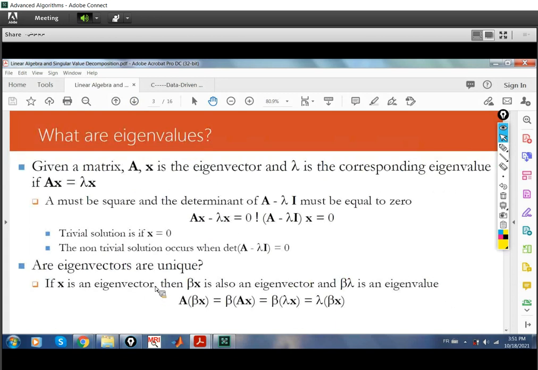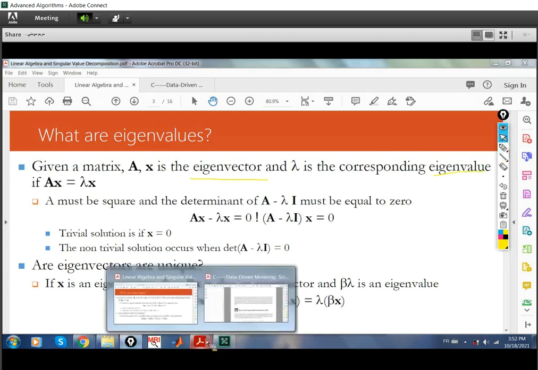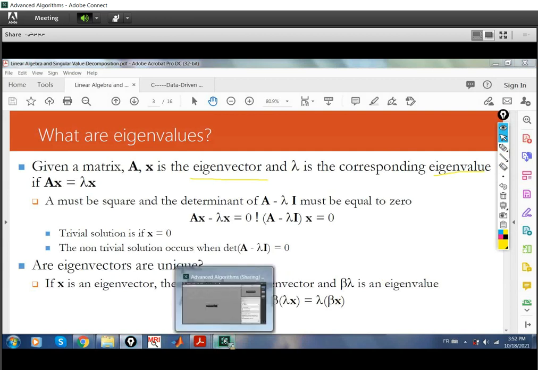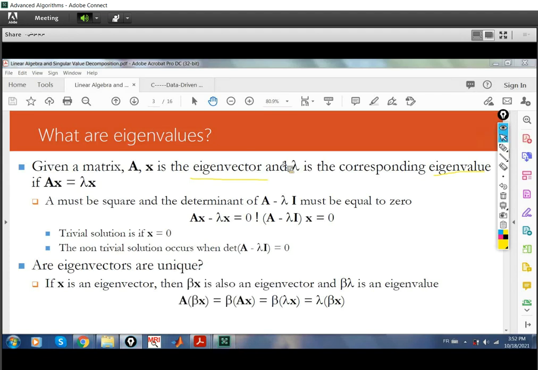One keyword in SVD is eigenvector and eigenvalue. Eigenvectors and eigenvalues. The main context and concept of the SVD is related to these two keywords, eigenvectors and eigenvalues.